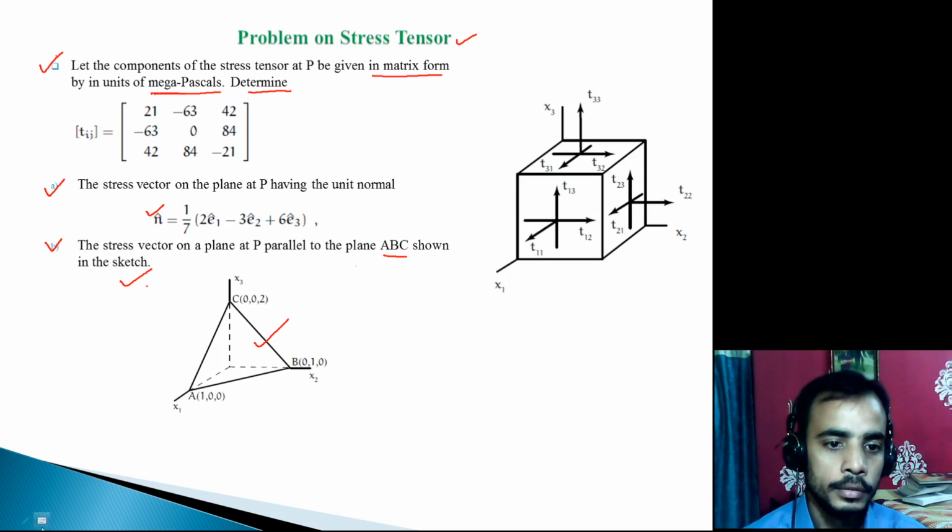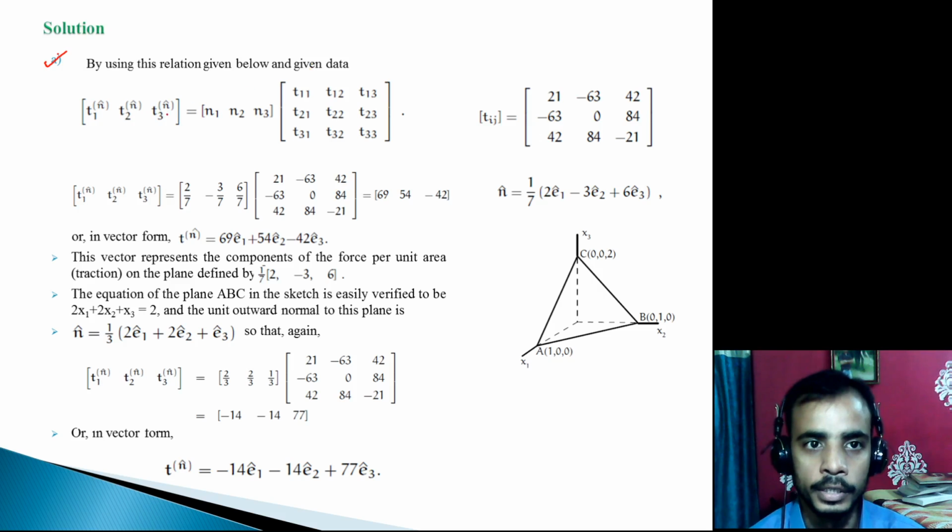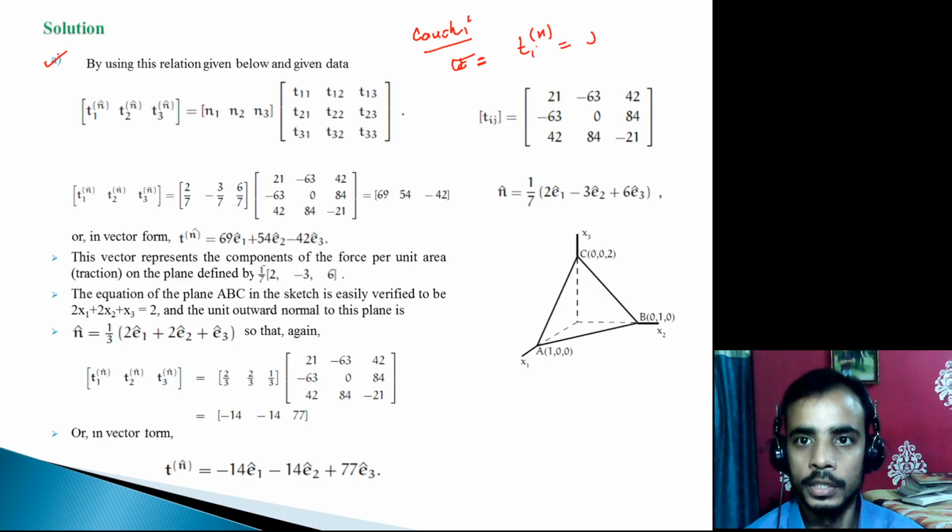Okay, let's try to solve this problem. It's very easy to solve. So problem number 1, by using the relation given below, that is the Cauchy stress formula, T_i^n equals sigma_ij n_j.